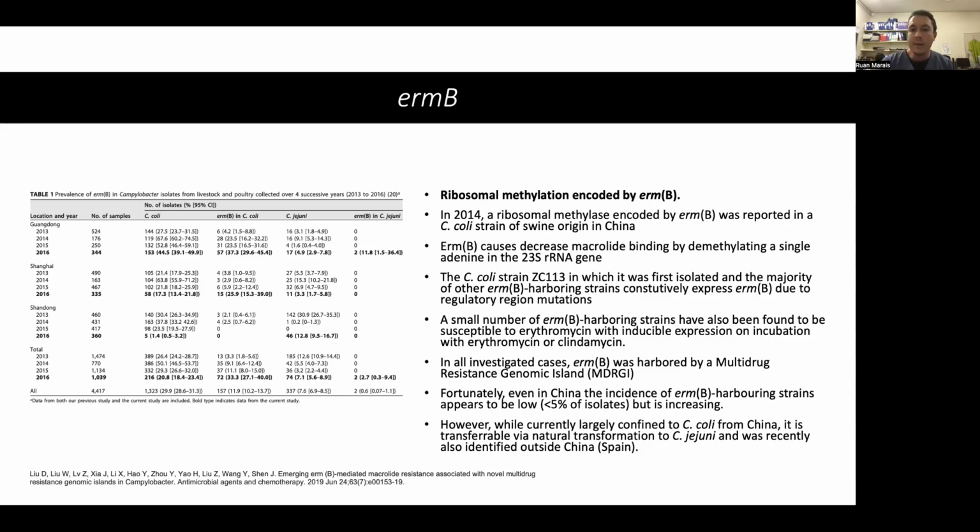So as expected, it decreases the macrolide binding by demethylating a single adenine in the 23S RNA gene. And it seems to be mostly a constitutively expressed gene because of mutations in the regulatory region of B, but a small number of isolates have also been found to be inducible.